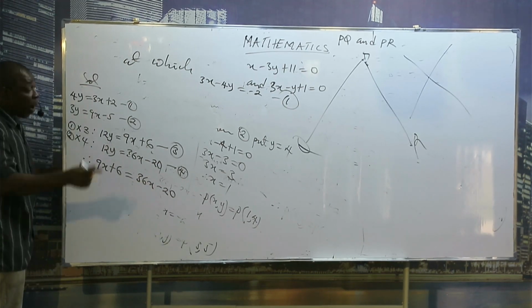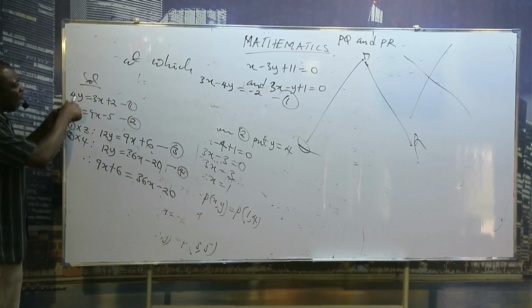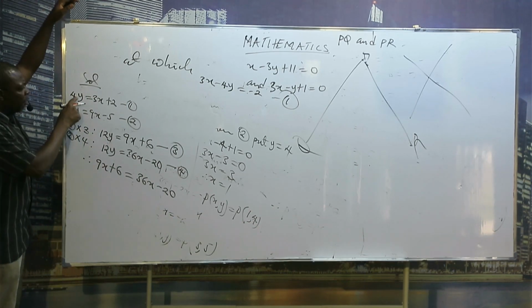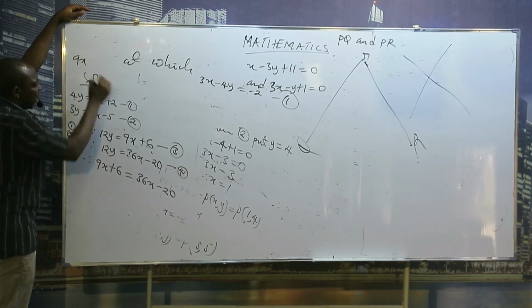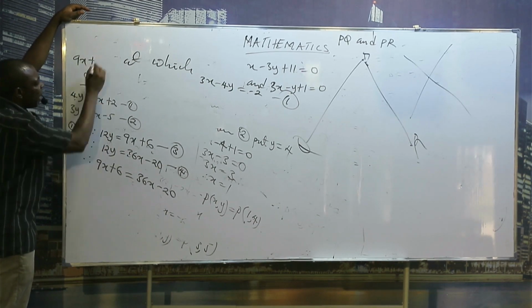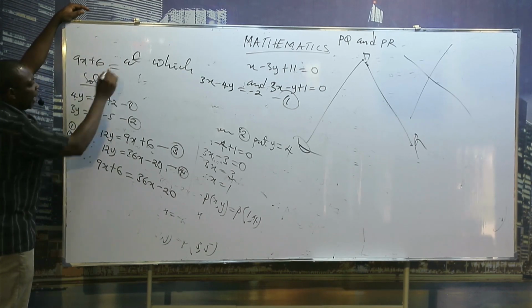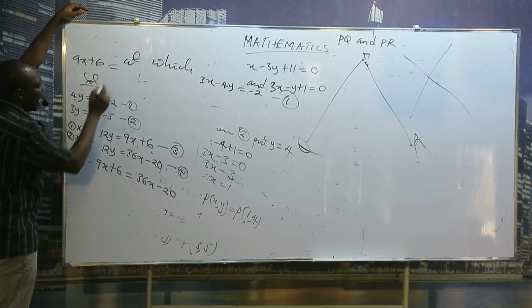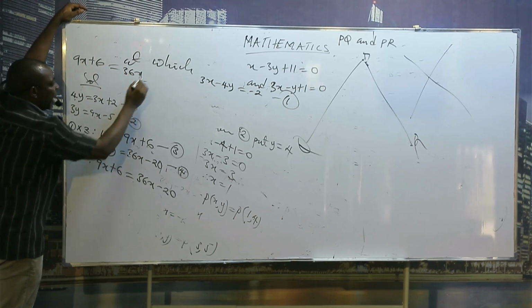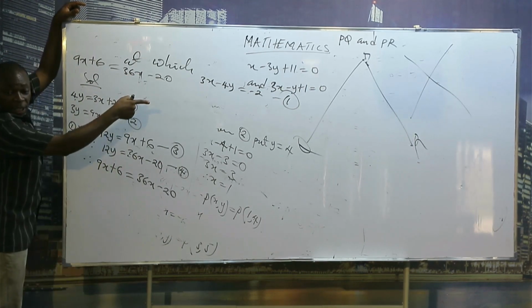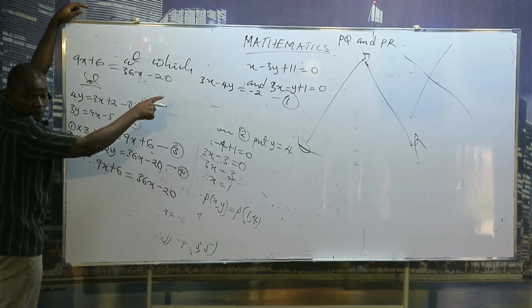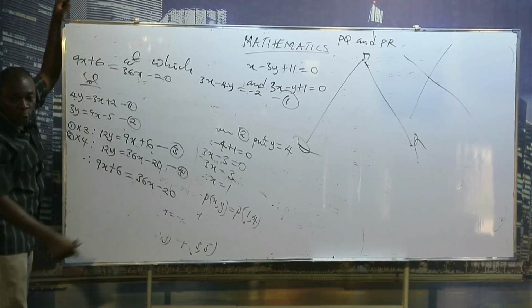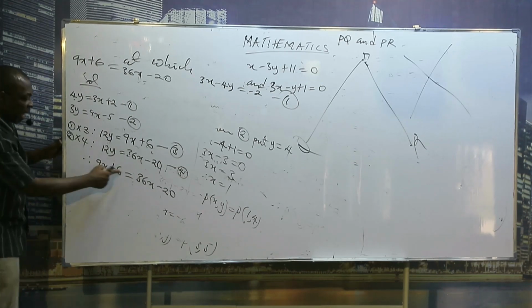This is WAEC. But for you as a JAMBite, the moment you see this, it's okay. If I multiply here by 3, okay, 3, 9x, 3, 6 equals 3, 4 here, 36x, 4 here minus 20. Did you see that now? You are not putting equation 1, equation 2. Are you with me? Okay.